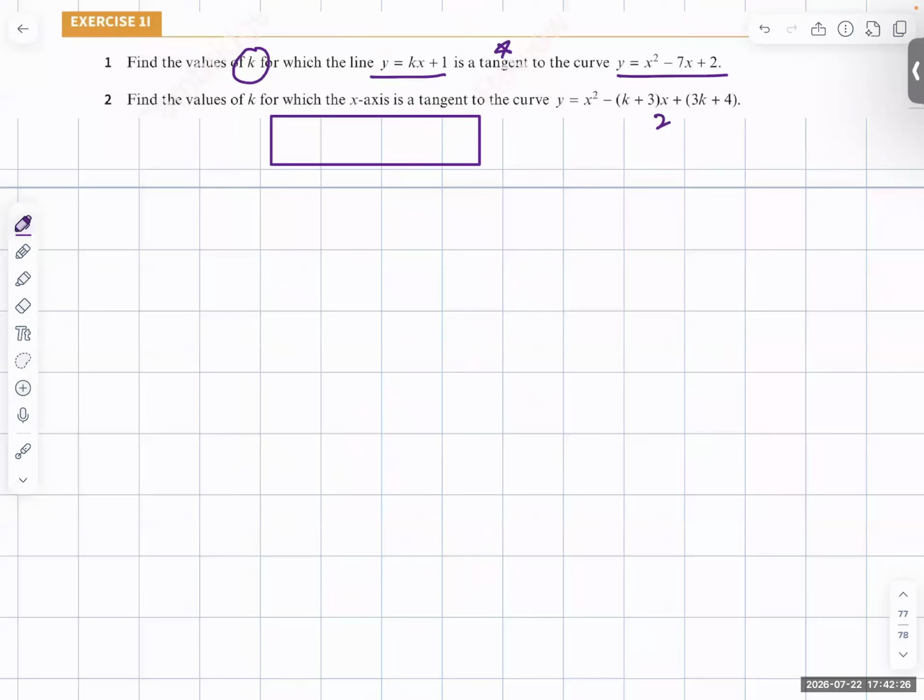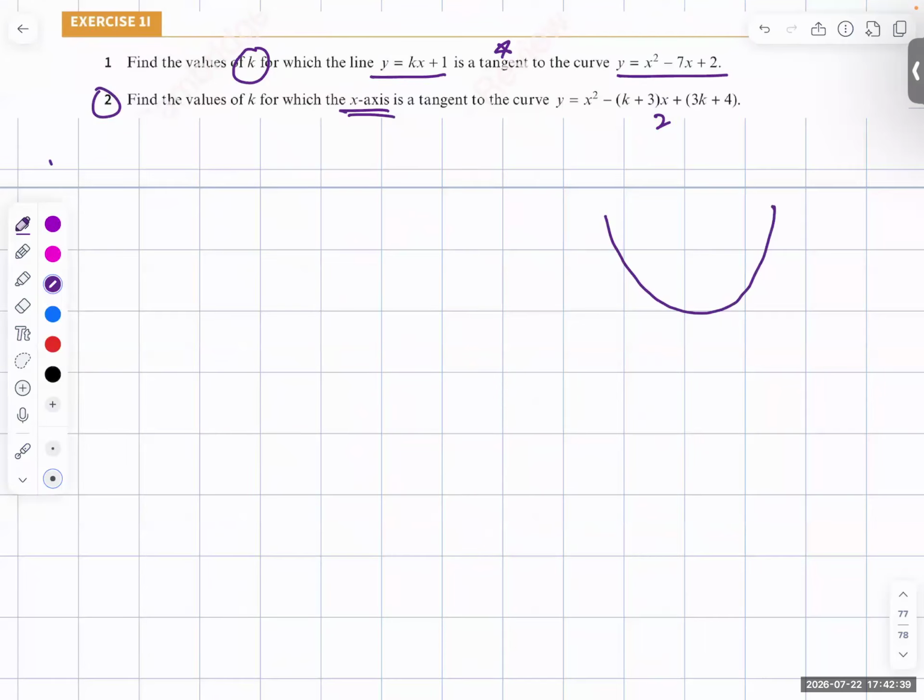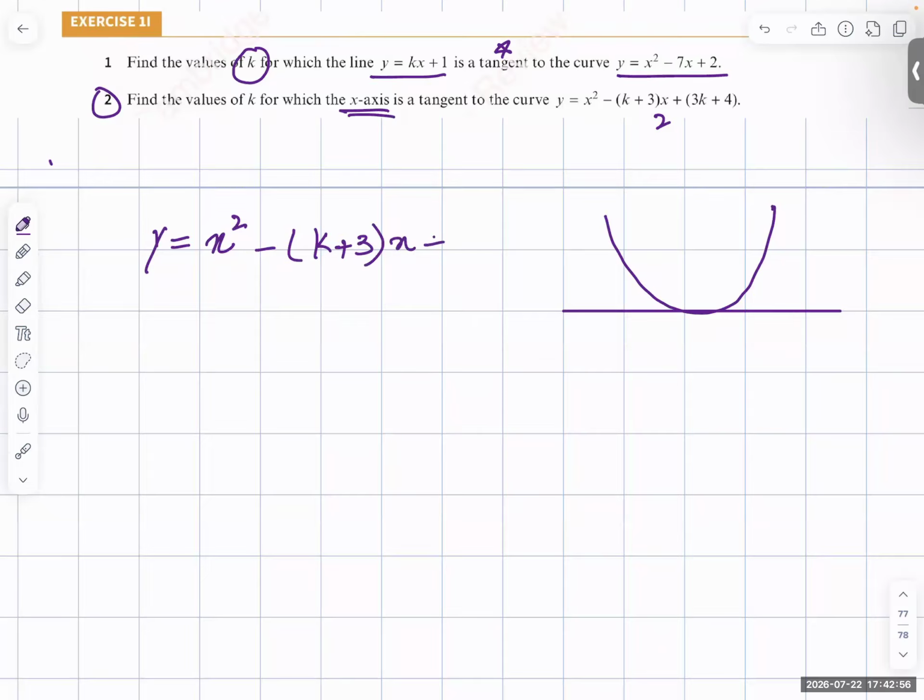Okay. Now listen carefully. Find the values of k for which x-axis is tangent to the curve. Now this is the curve, right? And they're saying that x-axis is tangent to the curve. That would mean that for this actual curve, y equals x square minus k plus 3 x plus 3k plus 4, right?